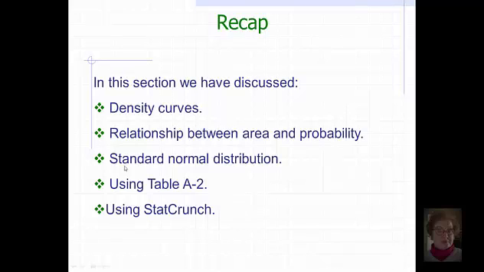We talked about the standard normal distribution, where the mean is 0 and the standard deviation is 1. We looked at how you use table A2, and we looked at how you use StatCrunch to do the same calculations. So that's the end of the lecture on 6.1 and 6.2.